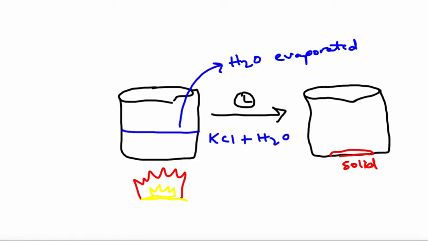Another example of how we've separated components of a solution has been using something called chromatography. It's probably an unfamiliar word to you, but when I describe it, you'll know what I'm talking about. There was one part of our polar substances lab where we had two different inks.